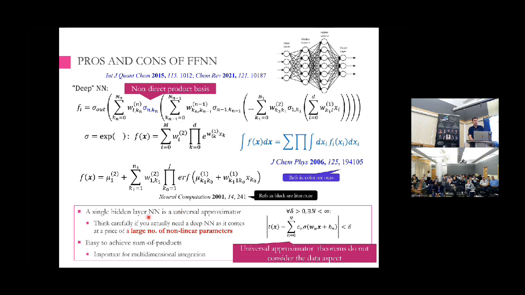I mentioned that a single hidden layer NN is a universal approximator. What it means is that for this expansion I wrote on the page before, for any desired accuracy of the approximation delta, as small as desired, there is a finite number of neurons which achieves this accuracy. That's the essence of the universal approximation theorems, and those theorems are data ignorant.